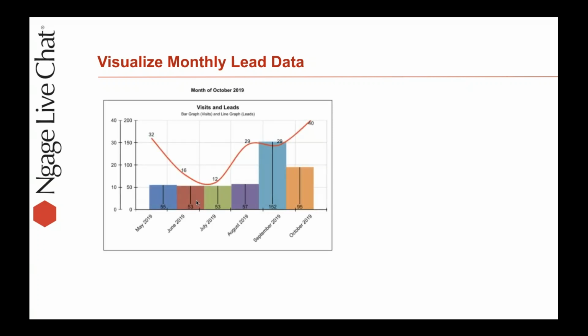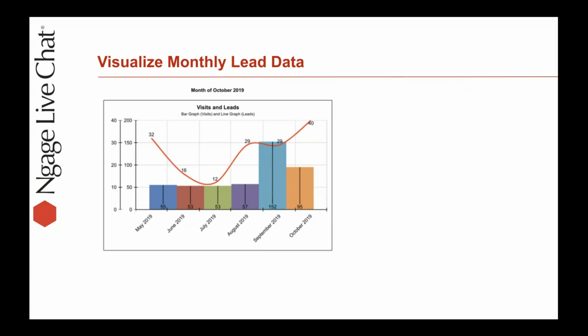So the first section of the infographics is going to be your historical traffic and leads. So the bar graph shows you how many visitors you've received to your site, and the line graph shows you how many leads. And so this is over a 6-month period. And so for the most part, both of these lines should be fairly stable.